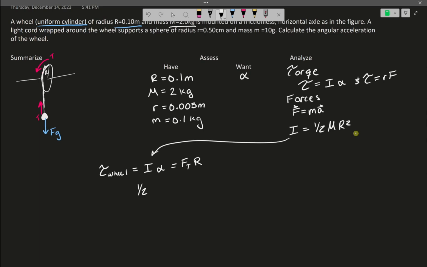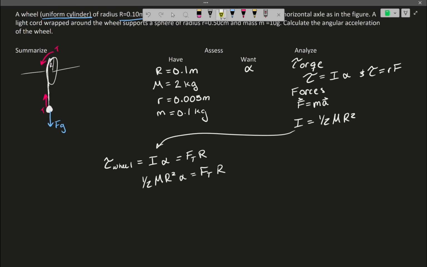So I have 1/2 M R squared times alpha is equal to the force of tension times the radius. I've used all of these capital letters here because this is the mass of my wheel, the radius of my wheel, the angular acceleration of my wheel, and then this is also the radius of my wheel.